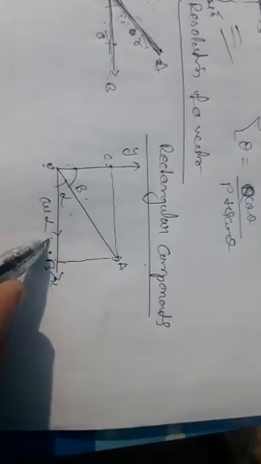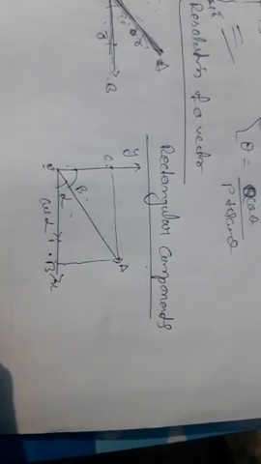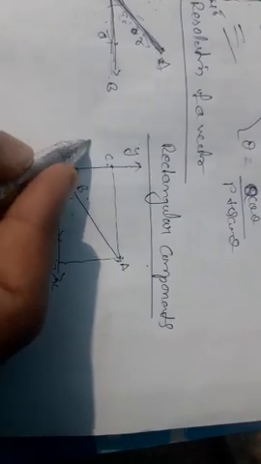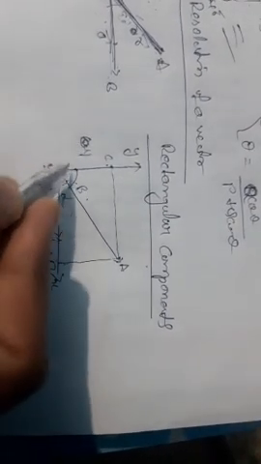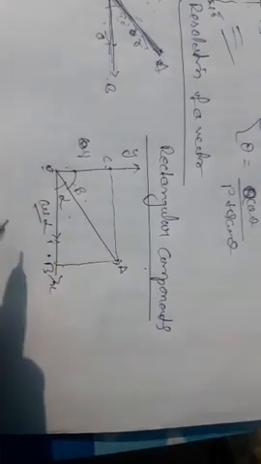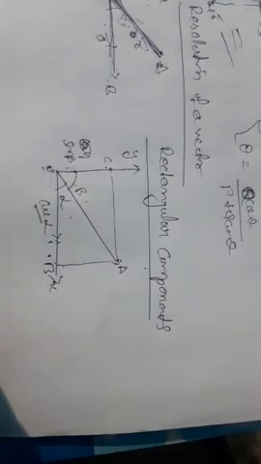I cap is a unit vector, and this angle is beta. The horizontal line is taken as cos alpha, and the vertical line is taken as sin beta.